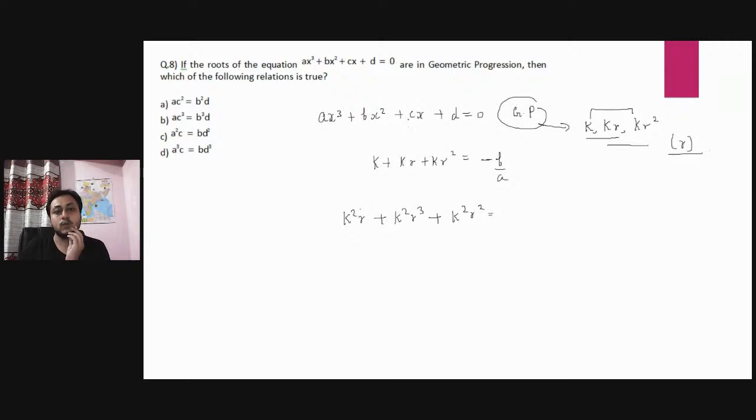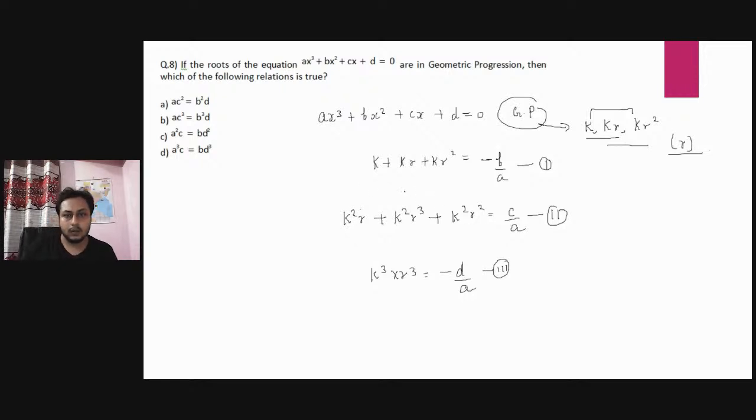That should be equal to c by a. Now take the product of the roots, or you can say the sum of the roots taken 3 at a time, means k cube r cube, that should be equal to minus d by a, right? So take this as the first equation, this is the second equation, and this is the third equation.